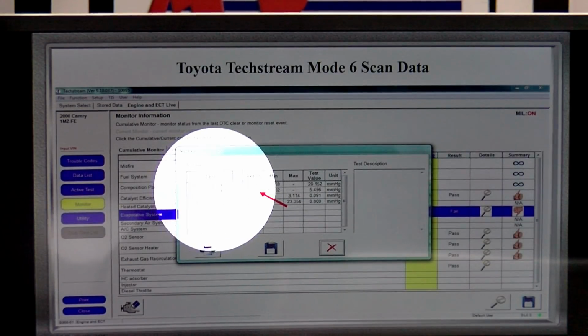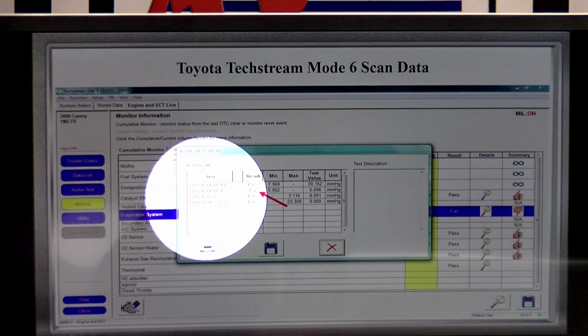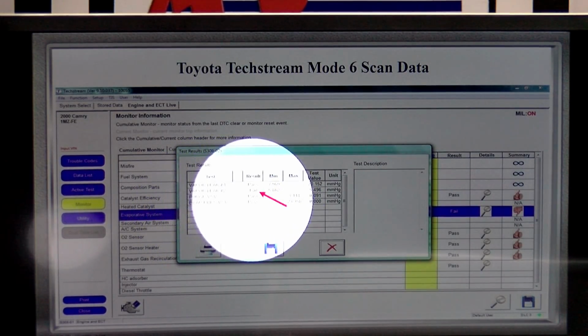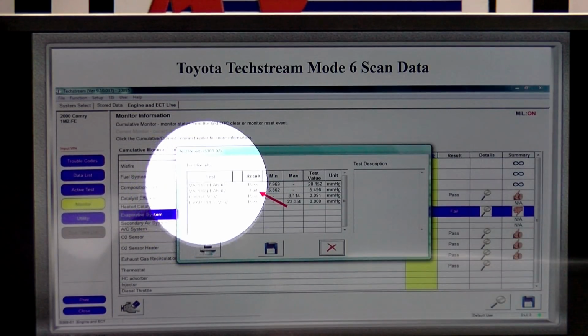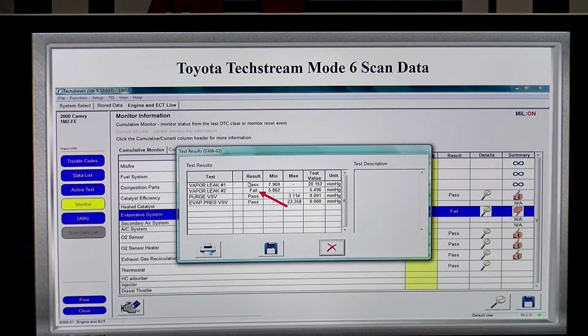I'm not concerned about Vapor 1, it says it passed. The Purge VSV vacuum switching valve passes, the EVAP pressure vacuum switching valve passes, but I am concerned about vapor leak number 2. That is where I'm going to concern myself and take my diagnosis to. Why? It passed the other one. I'm not going to put a purge valve in. I'm not going to put a vent valve in this vehicle.